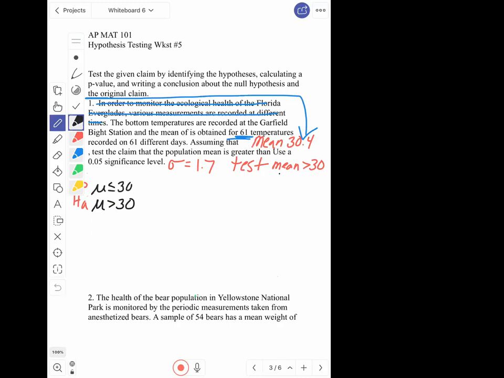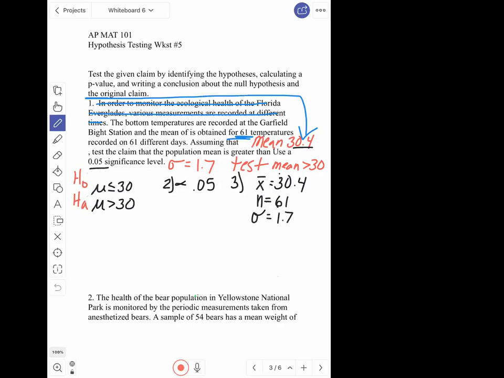Again, there's our equal that we need in there. Step number 2 said make sure you know your significance level, and alpha is 0.05. Step number 3 on the previous slide said to identify your X bar. X bar is from our sample, the mean of 30.4. It said to make sure you know how many values were looked at, and 61 were sampled. And it said to make sure we know our population standard deviation.